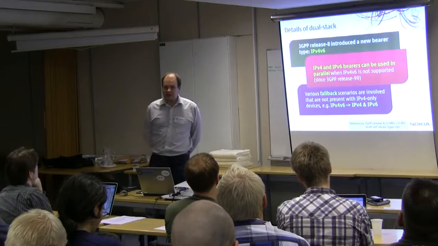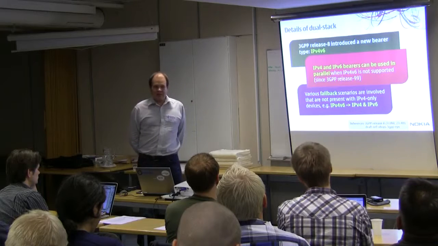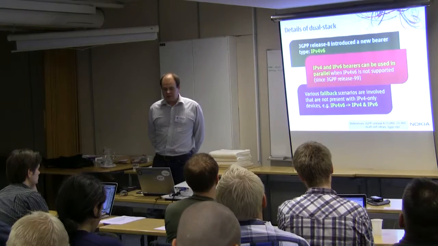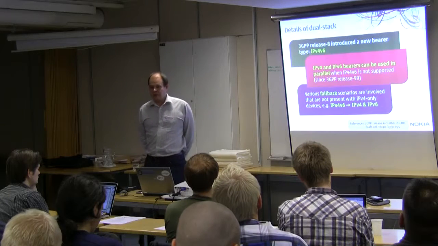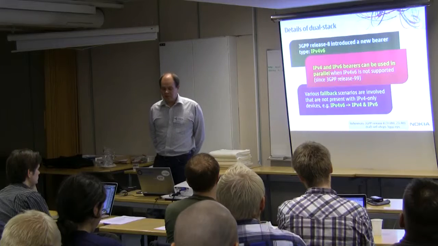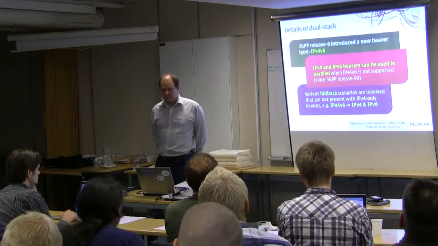In 3GPP, historically dual stack has been provided in a quite similar manner as in point-to-point protocol. So the devices have to negotiate with networks separately, both IPv4 and IPv6 point-to-point connections up in parallel. And these are called PDP contexts.